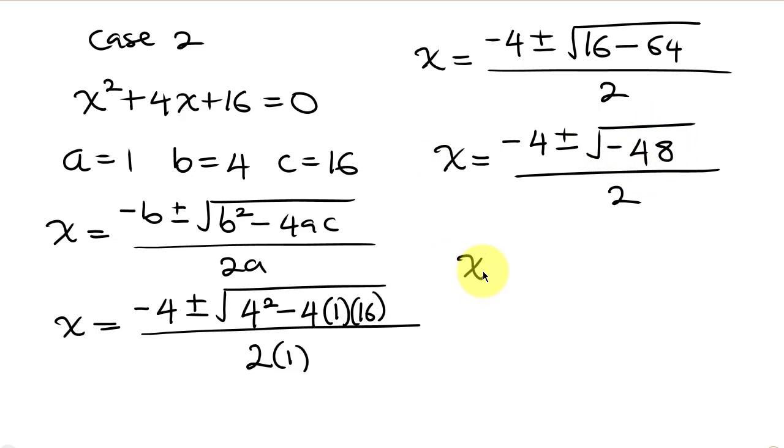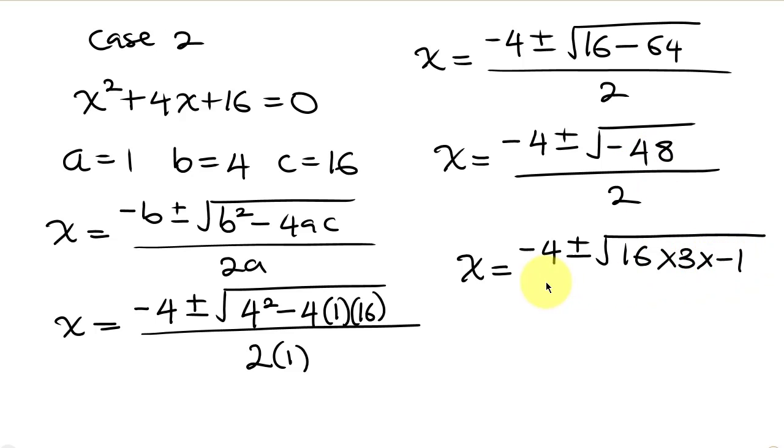So x will then be negative 4 plus or minus the square root of. Now, negative 48 is the same as, instead of using 4, I'm going to be using 16 because that is better. So 16 times 3, which will give 48, and then times negative 1 all over 2.